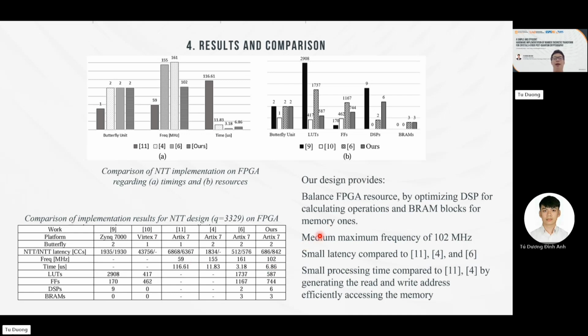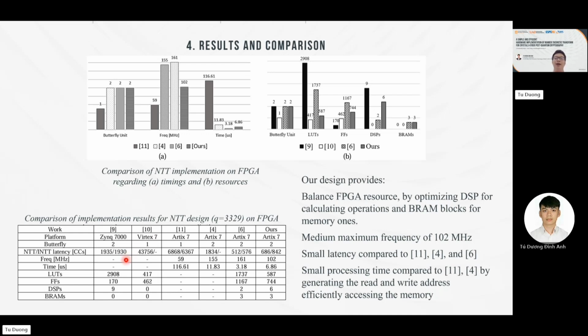And let's talk about the operating time and the latency. Our design has very small latency, about 600 cycles for the NTT operation and 800 cycles for the inverse NTT operation, and it's smaller compared to work 11, work 9 and work 10.